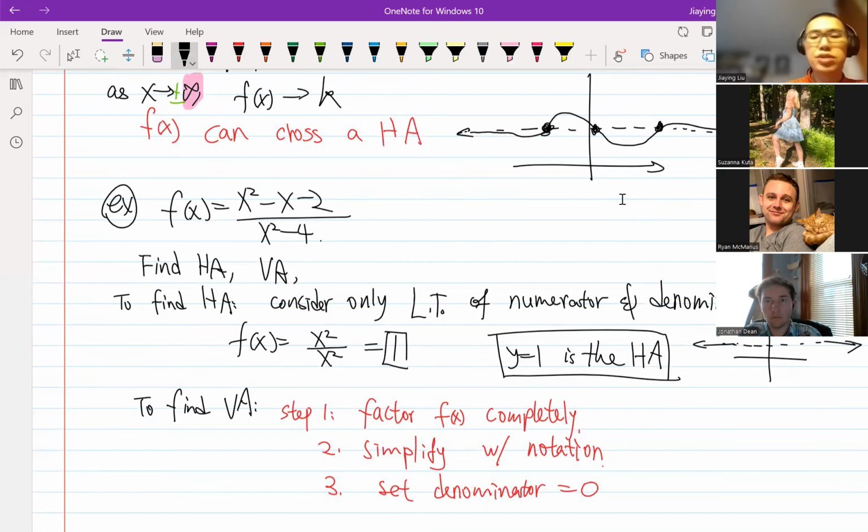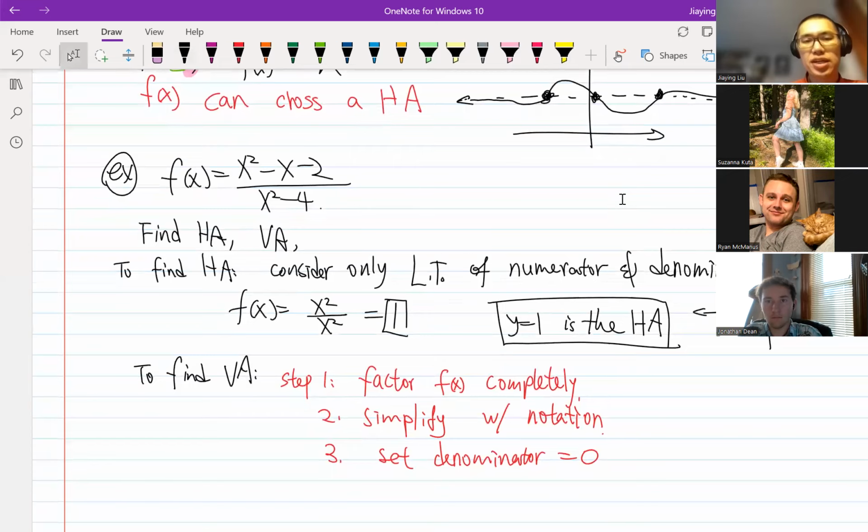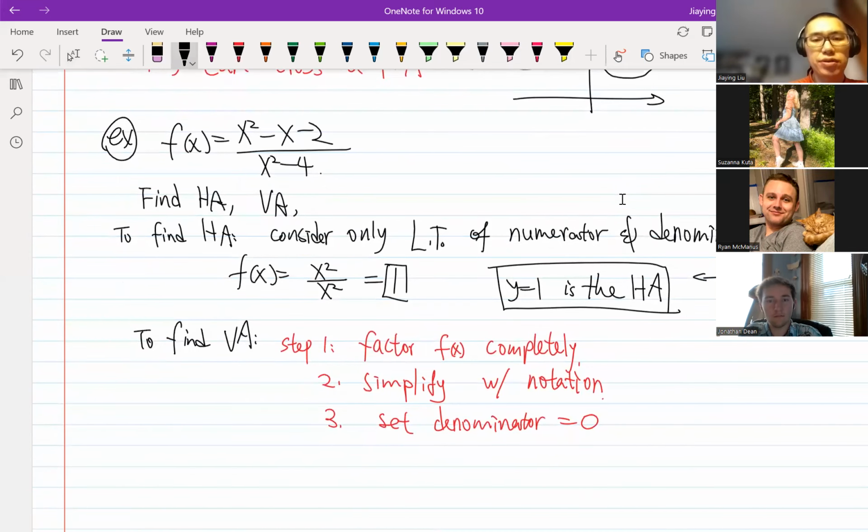All right. So let me use this example to show you what I mean by steps 1 to 3 to find the vertical asymptote. The first step is factor. The reason I didn't factor earlier, we could, it's just that if we don't factor, it's easier to find the horizontal asymptote. If it's factored, then we have to calculate the leading term from each numerator and denominator. So now let's factor f of x.